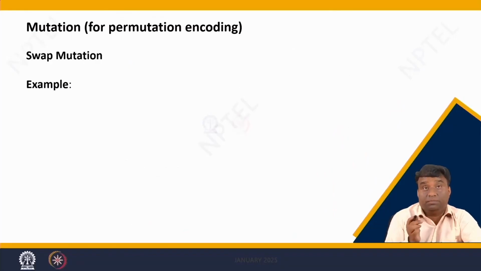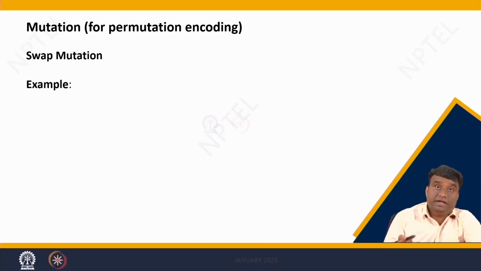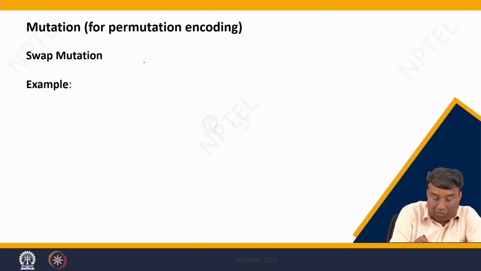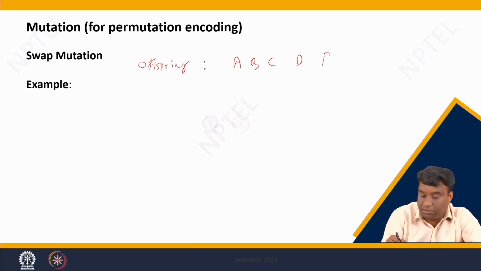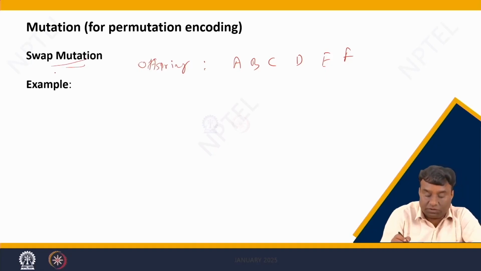Next one is mutation for permutation encoding. That is applicable for traveling salesman, job scheduling, and vehicle routing problems. First one is swap mutation. Write one offspring, something like A, B, C, D, E, F. Swap, as the name suggests, means take any two bits.